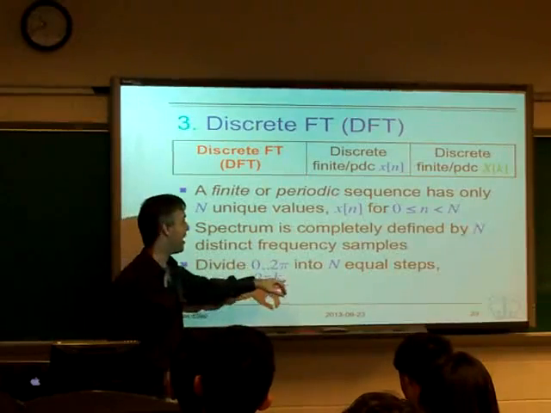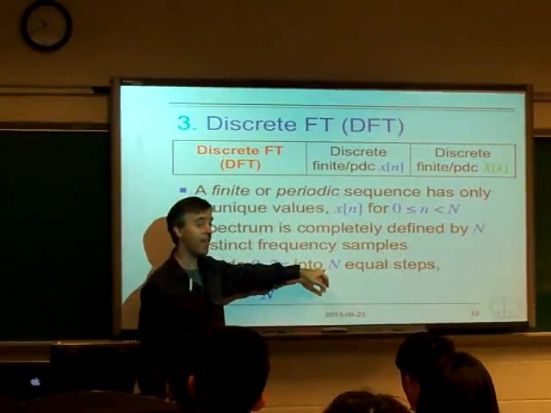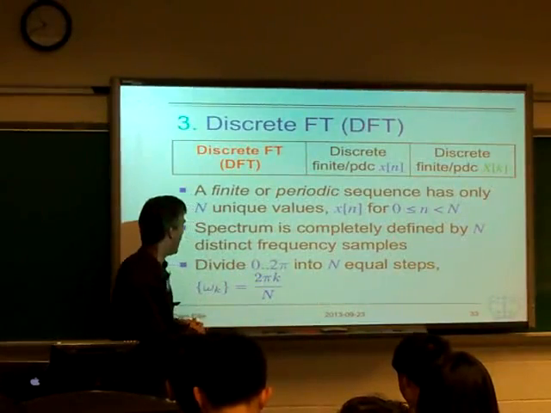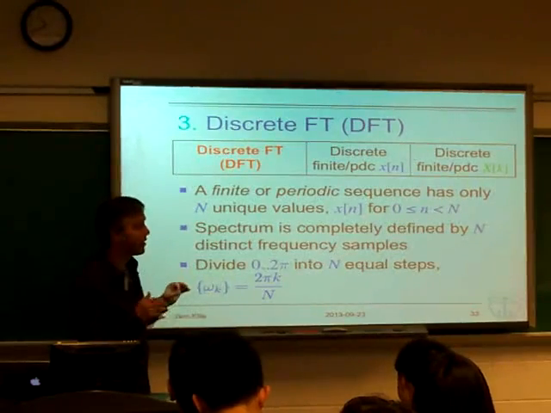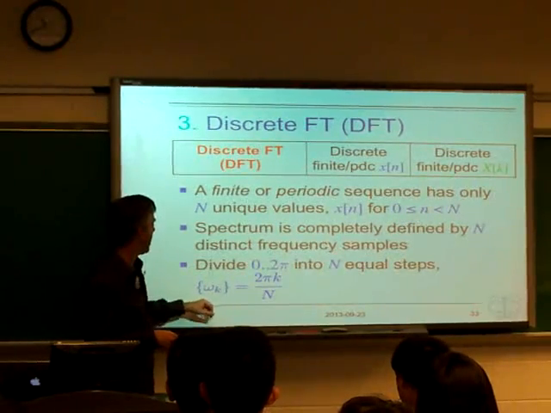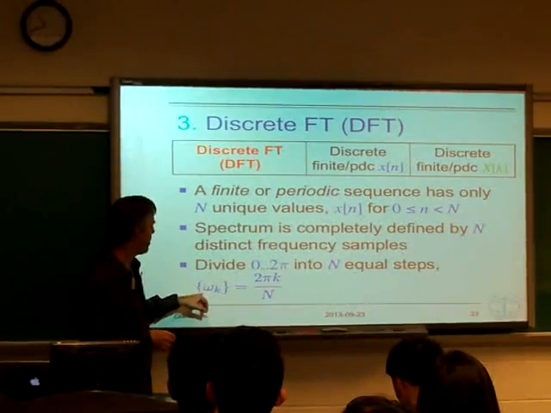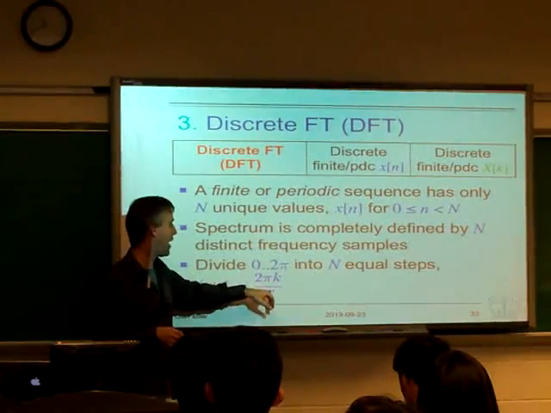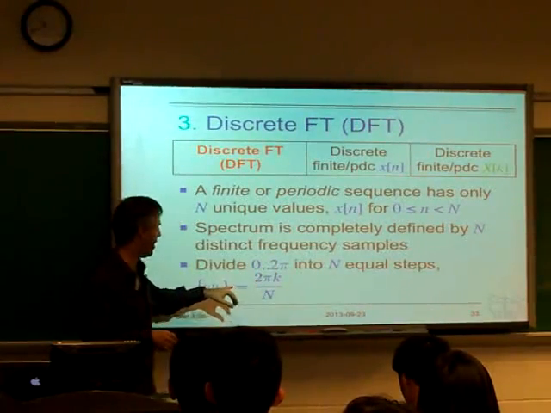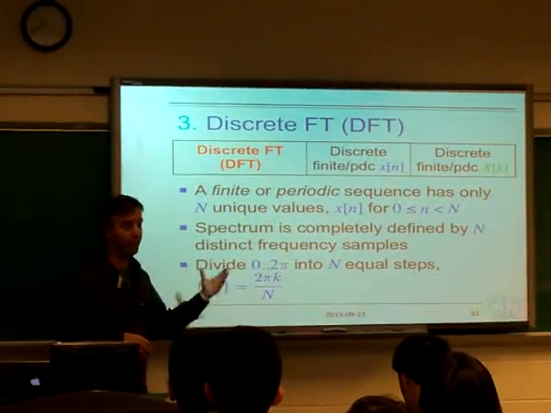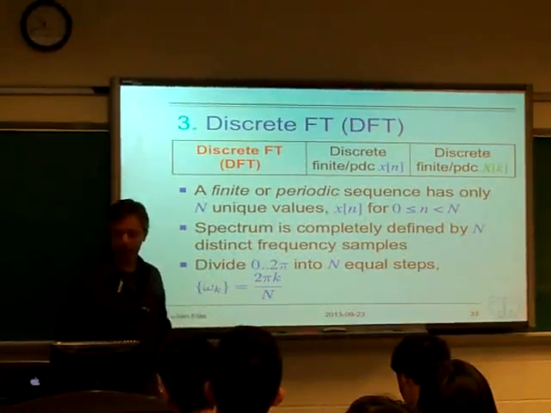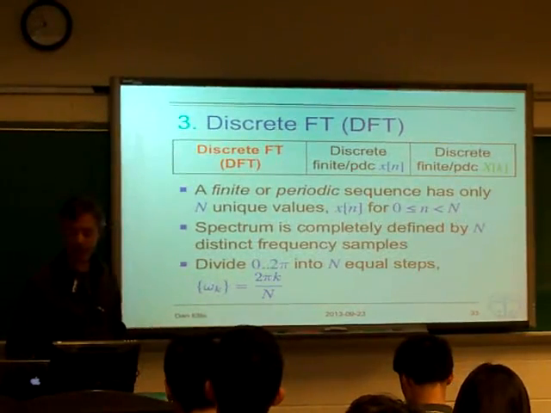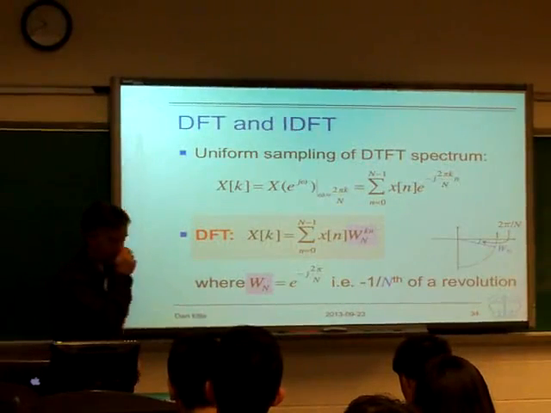If I divide that into N equal steps, that is, I uniformly sample it in frequency, then that's one way of getting big N values out here. So I could evaluate the DTFT at a set of big N frequencies, omega sub k, which is just 2 pi k divided by N. That is the 2 pi on N times k, 1/N of the entire sequence. And that would give me what I want.